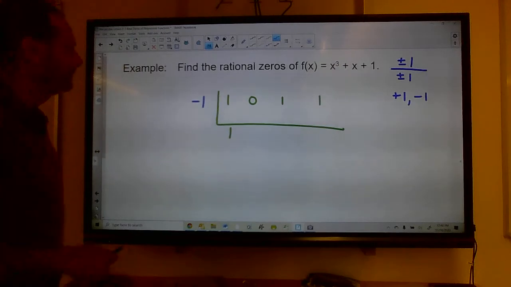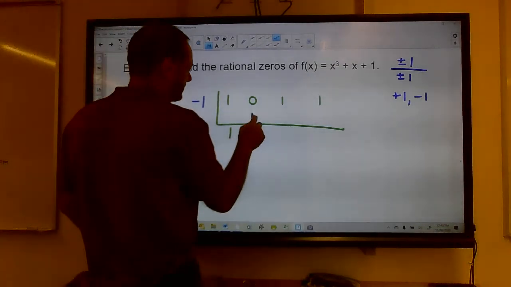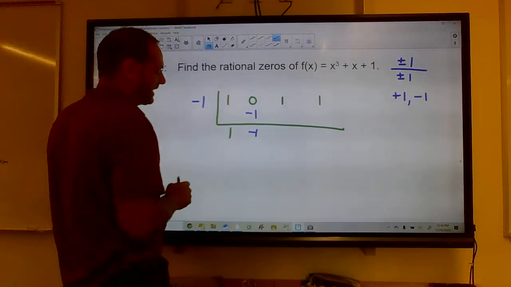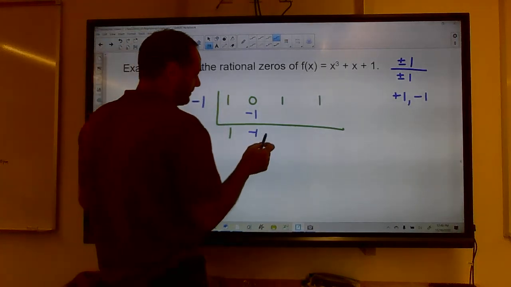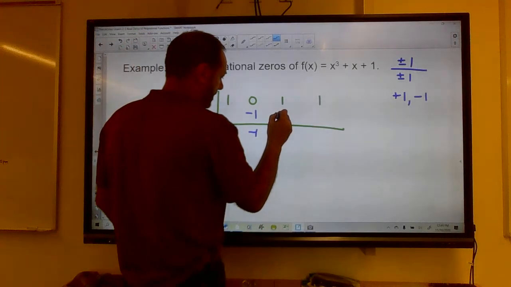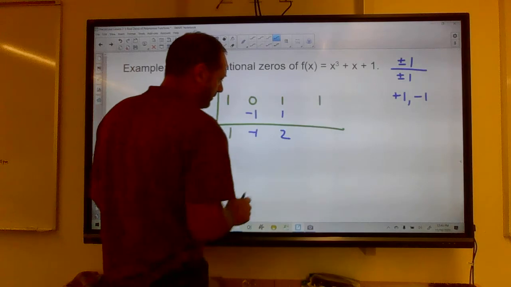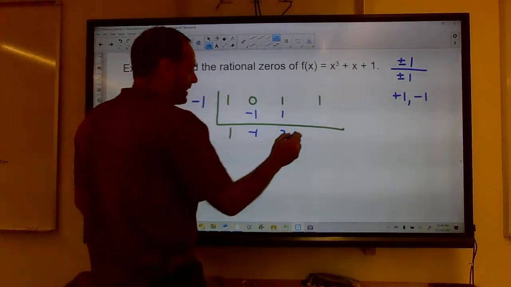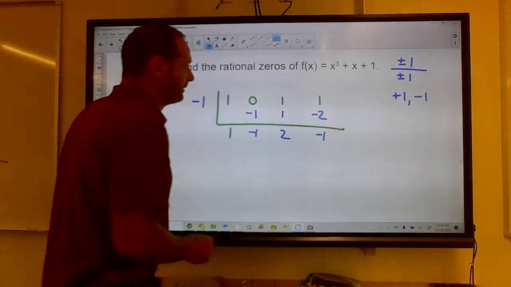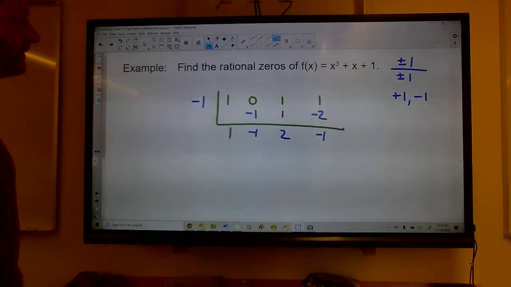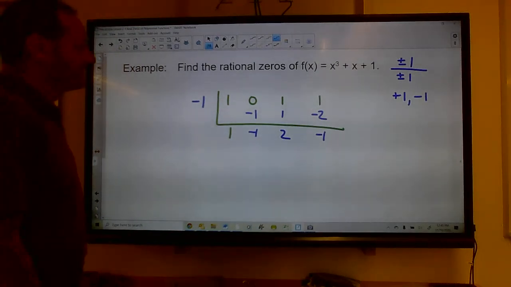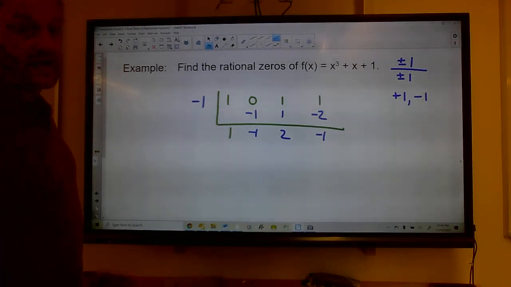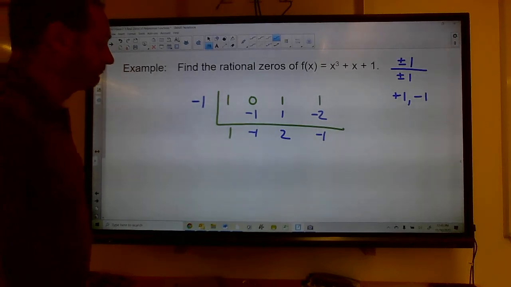So I'll check -1. -1 times 1 is -1, which I add up to get -1. -1 times -1 is positive 1, which is 2. And then I get -2, which is -1. So here's the deal. Neither one of these rational solutions worked.